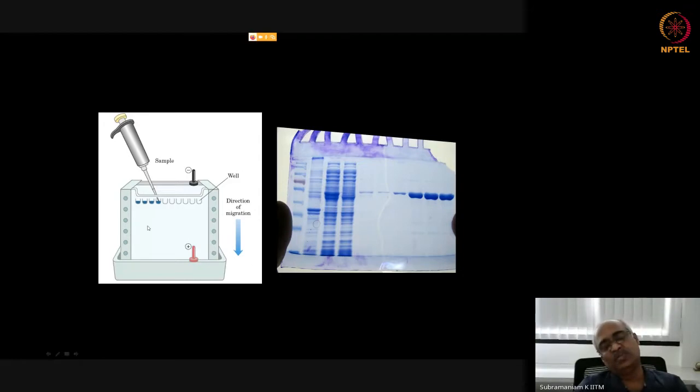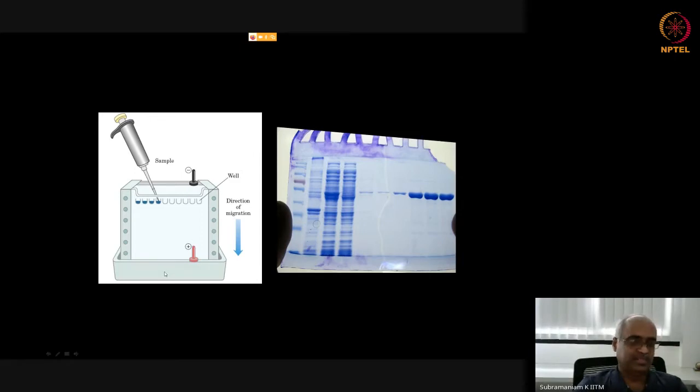Usually the protein solution is mixed with glycerol that increases the density, so it doesn't diffuse into the buffer; instead it settles at the bottom of these wells. To visualize the solution as well as its migration, you add a colored dye. So as it migrates, you can see that.